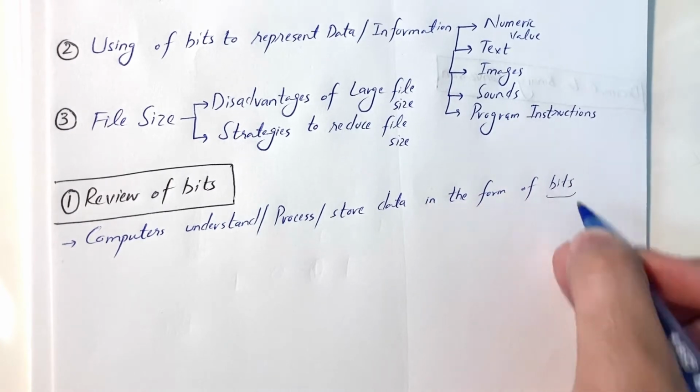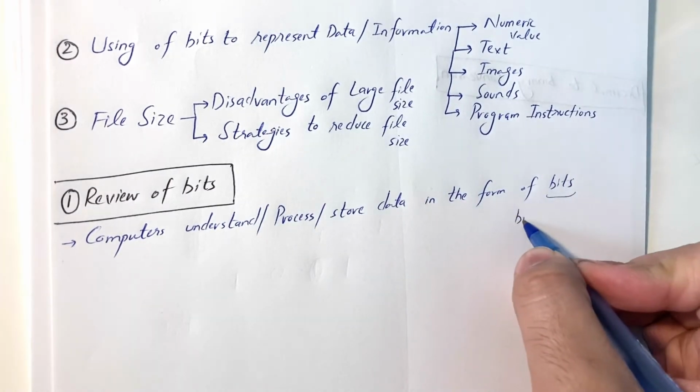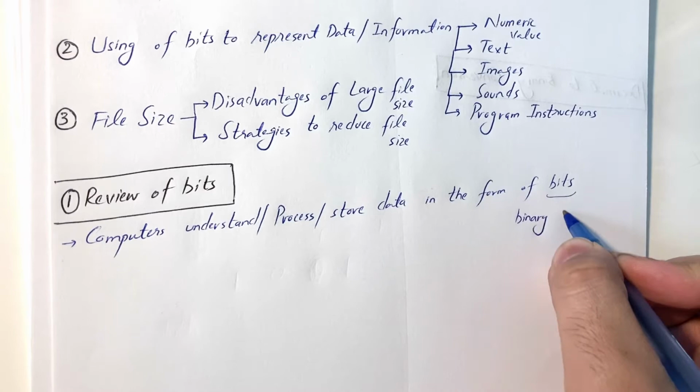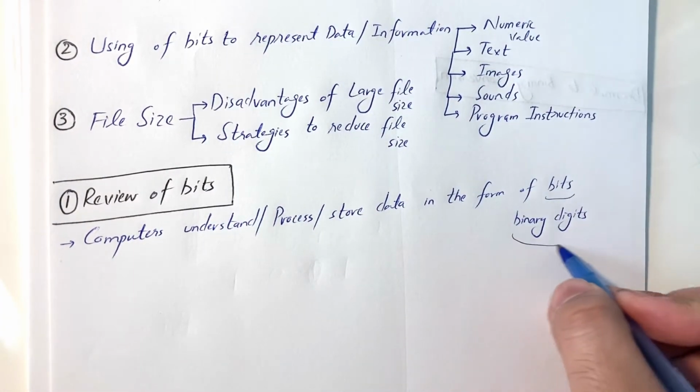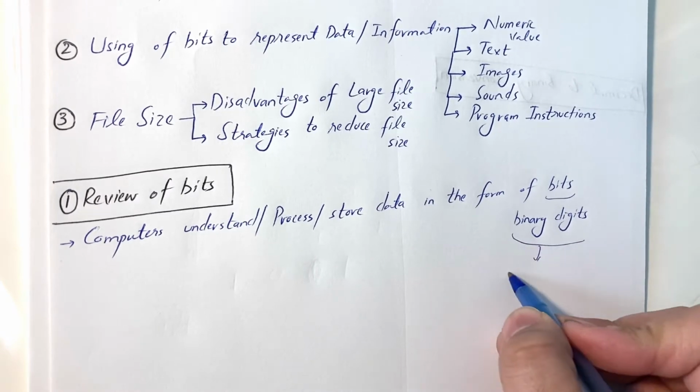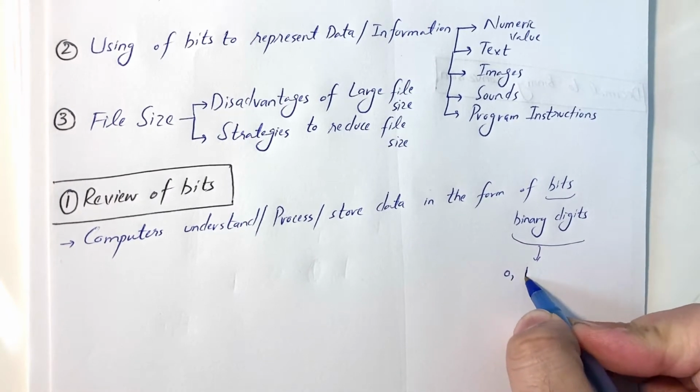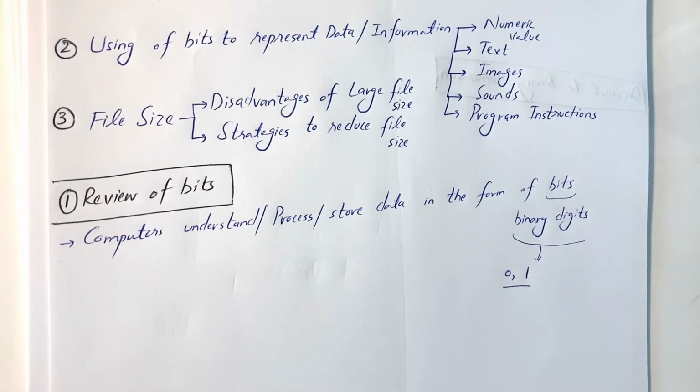And the full form of bits was binary digits. And these binary digits, or bits, can have two states. It could be 0 or it could be 1. So we just have two states to represent a bit or a binary digit, that is 0 or 1.